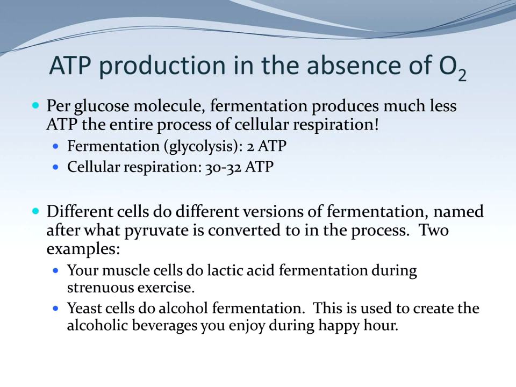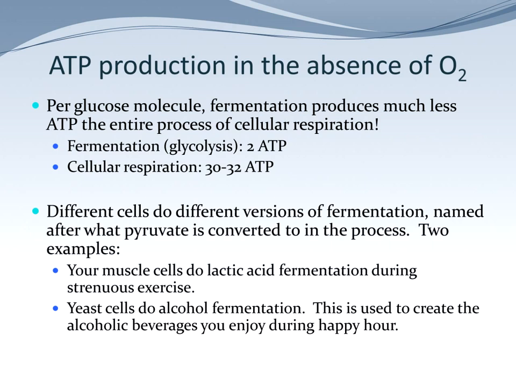However, it is a lot less efficient at producing ATP than if all of cellular respiration was completed. For every glucose, only 2 ATPs are produced as a result of fermentation, whereas 30 to 32 ATPs would be produced for that same glucose if all of cellular respiration was done. There are 2 major forms of fermentation.